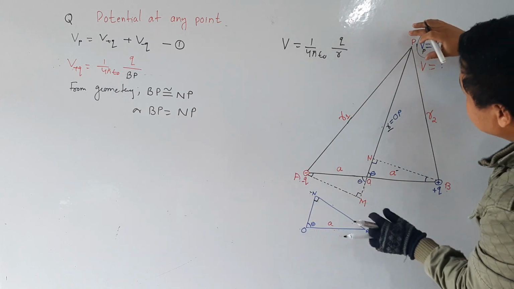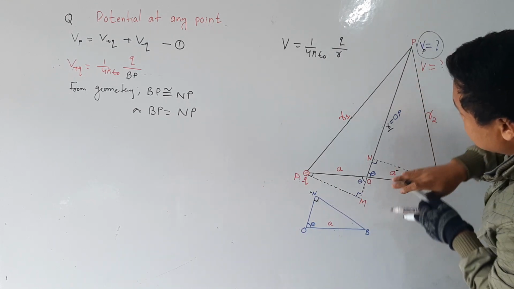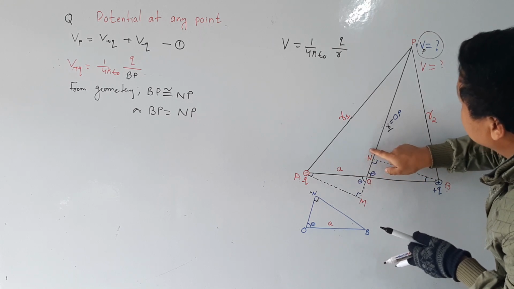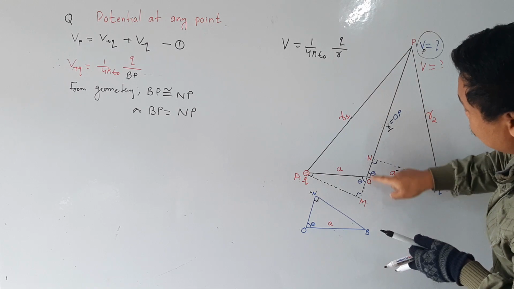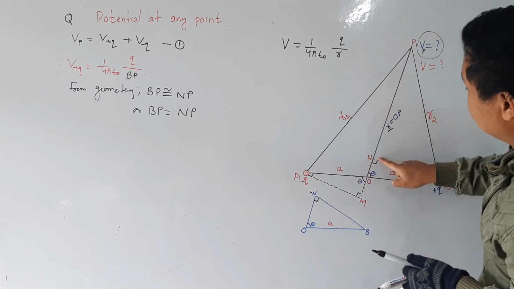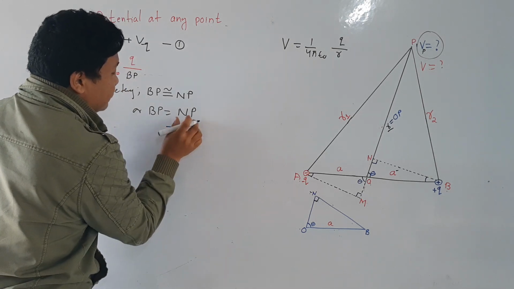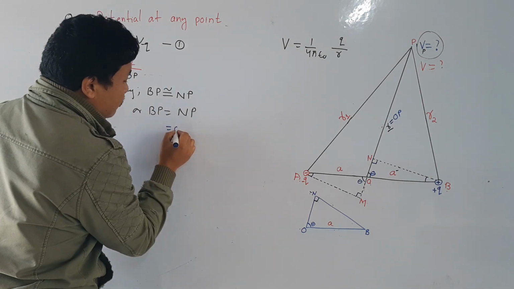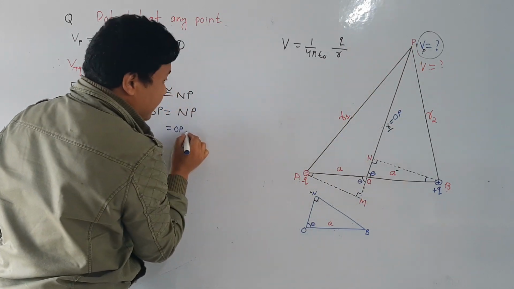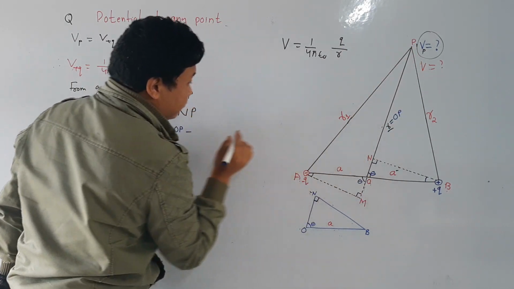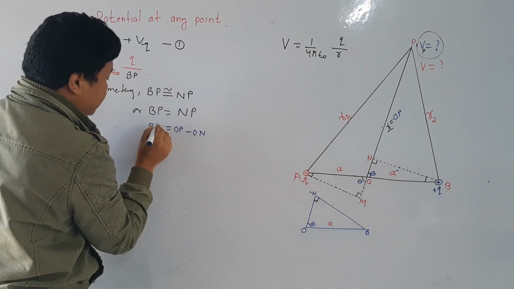You take the whole distance from O to P and you subtract this, you get NP. It means OP minus ON gives NP. So NP is equal to OP minus ON. This is my BP.